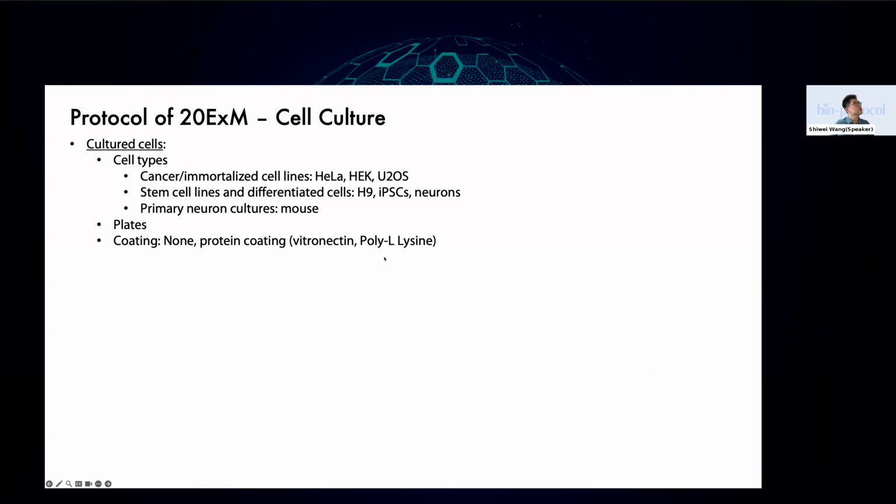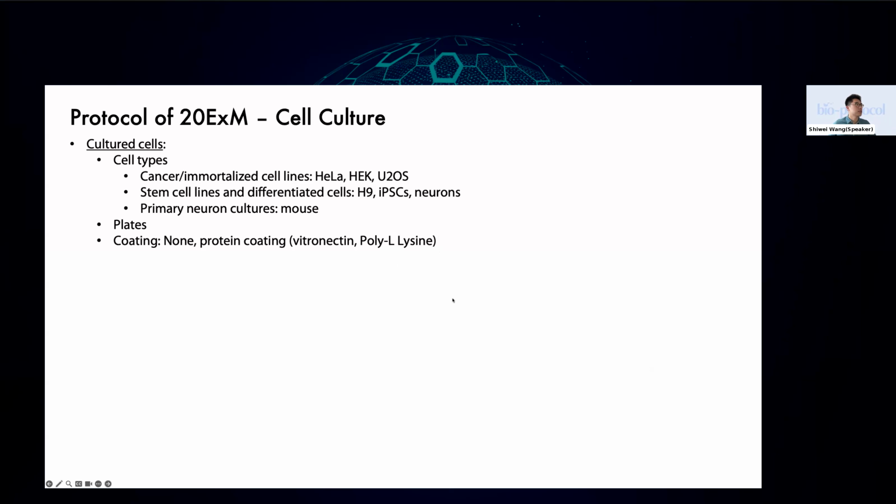I don't think people have tested using Matrigel coating. That might require additional optimization because they contain a lot of carbohydrates, and there are also other proteins, which might pose difficulty for the softening step, depending on how thick and the type of Matrigel that you use.